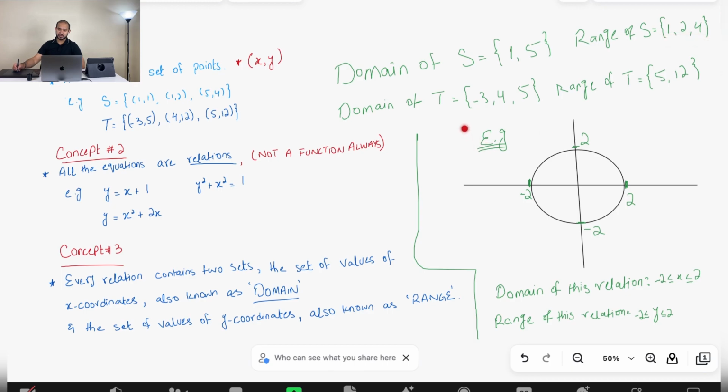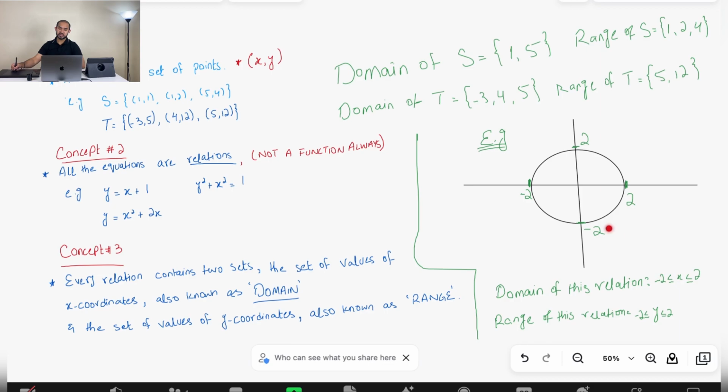Let's have a look at this example where I've drawn a circle with the center (0, 0) and the radius 2. Now over here, the x values are varying from -2 all the way up to +2. That means, in other words, I can say that the domain of this relation is x greater than or equal to -2 and less than or equal to +2.